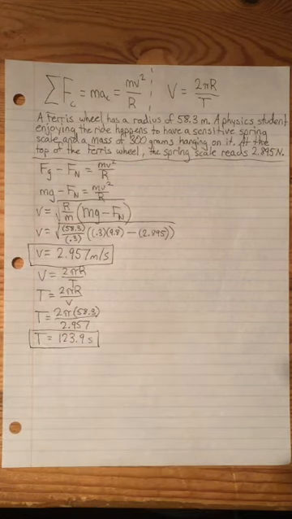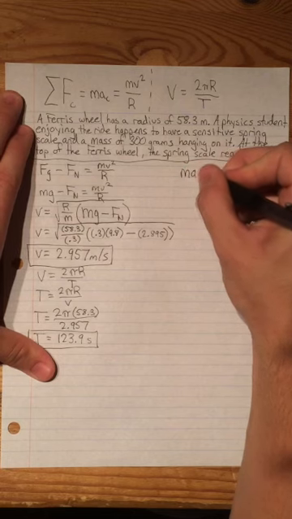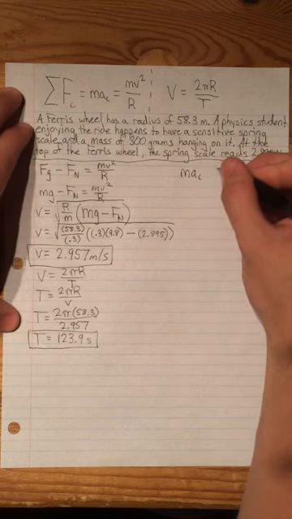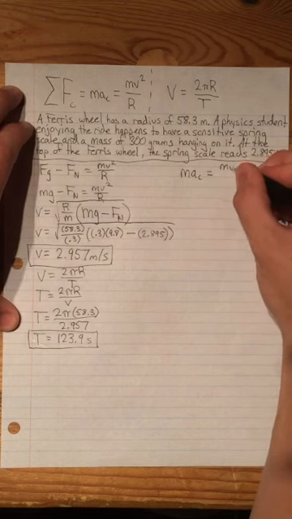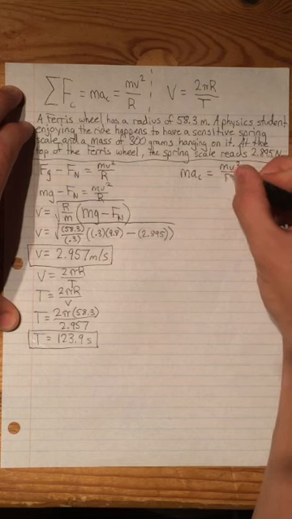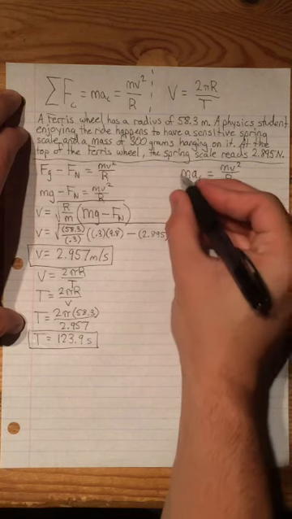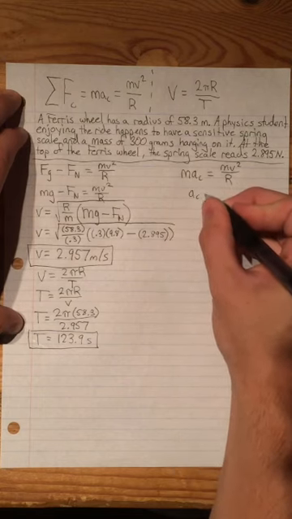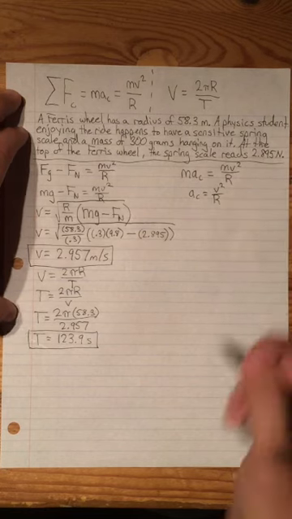The next question asks for the centripetal acceleration of the passenger cars. And we're going to go back to the first equation for this question. So we're going to start with actually writing mass times centripetal acceleration is equal to mass times velocity squared over r. And right off the bat, these masses cancel out, so we're left with centripetal acceleration is equal to velocity squared over the radius.